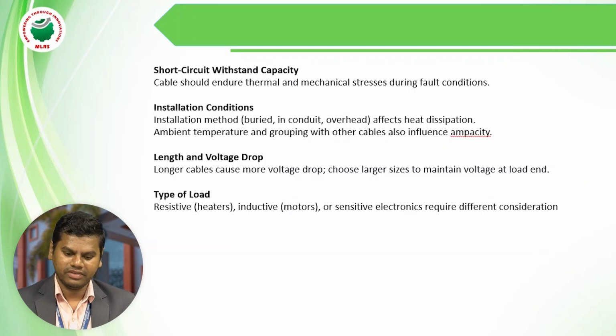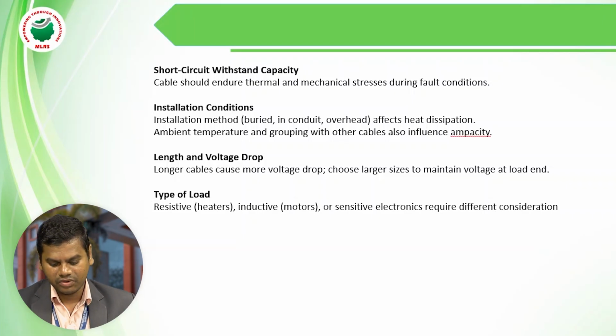The cable should withstand thermal and mechanical stresses during fault conditions. And installation conditions: the installation method affects heat dissipation, ambient temperature, and grouping with other cables also influences ampacity.